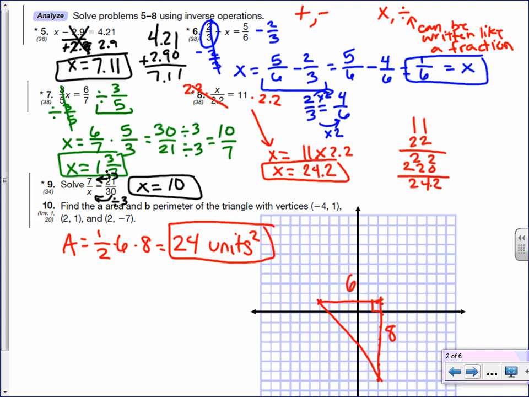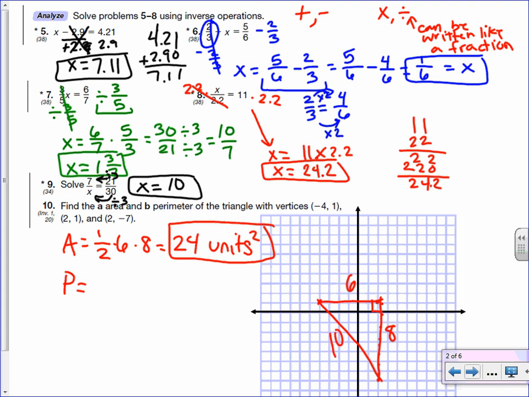And then for the perimeter, we're going to need to know what the hypotenuse is. One thing that you could recognize is that this is a 3, 4, 5 triangle. 6 is 2 times 3, 8 is 2 times 4, and then this side must be 10, because that would be 2 times 5.